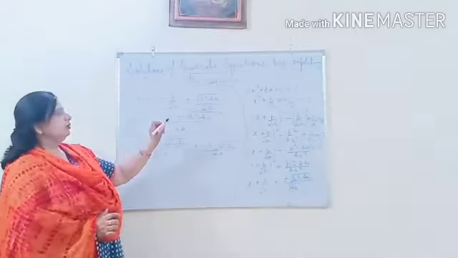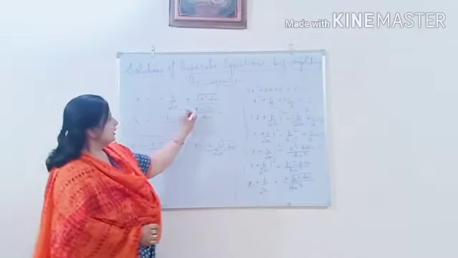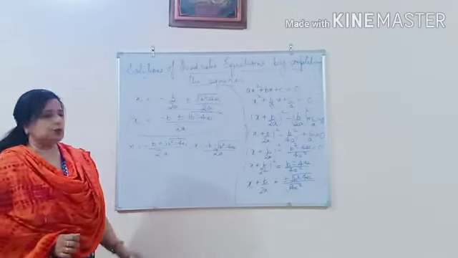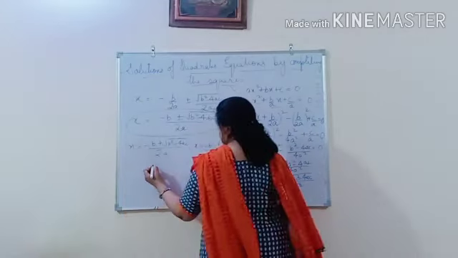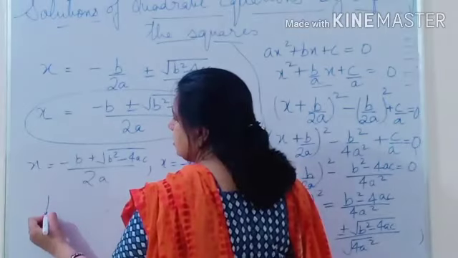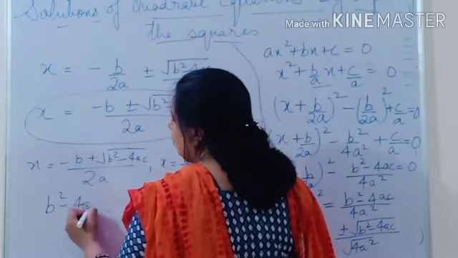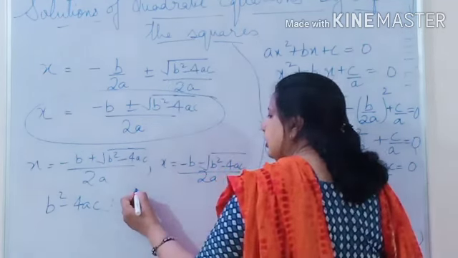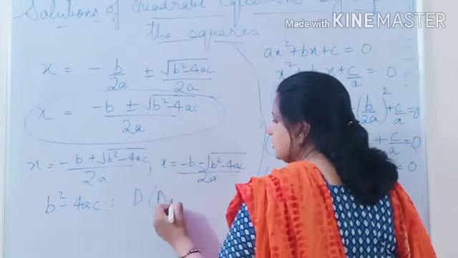Now here, let me tell you one thing, that this b square minus 4ac is called the discriminant.